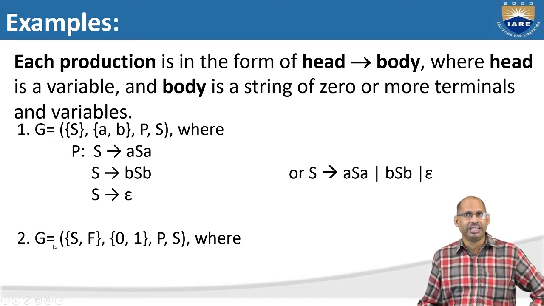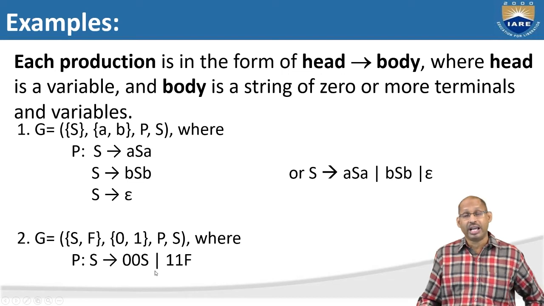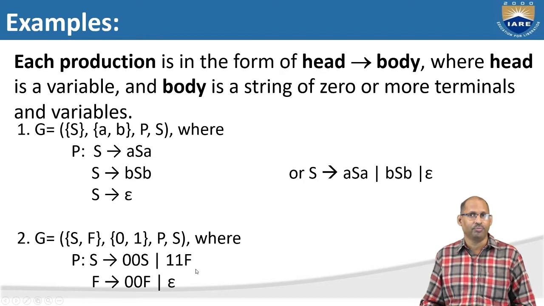So here is a second example. We are representing the grammar in the form G equals (V, T, P, S), where V is S and F variables, terminals are 0 and 1, S is the starting variable, and the list of productions are S gives 00S | 11F. So S has two productions, 00S and 11F, that we combined into this single simple form, right?